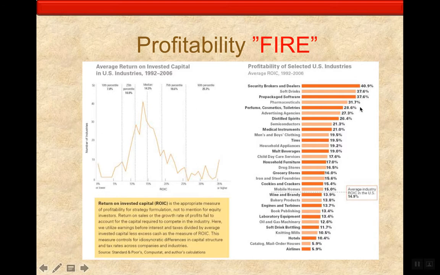But you'll see every one of these organizations is operating. You see that security brokers and dealers are very IT centered. Soft drinks not necessarily, by its nature. Prepackaged software obviously is. Pharmaceuticals, not quite so much.